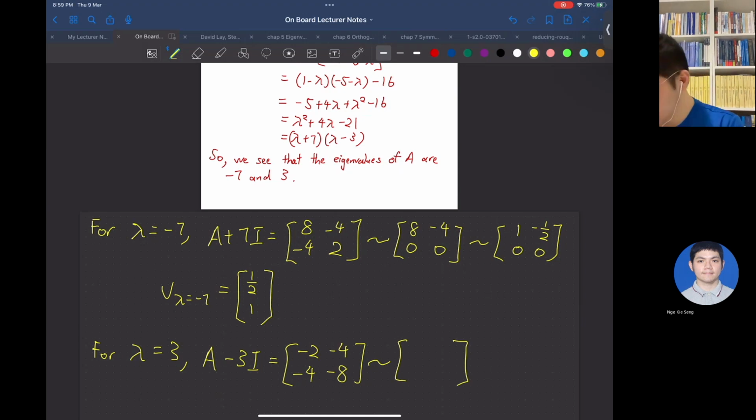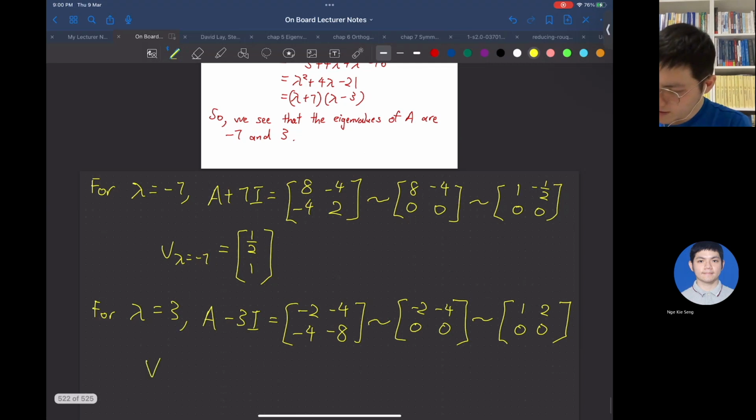So after row reducing, we will get minus 2, minus 4 on the first row, and then we will get 1 and 2 on the first row. In that case, our eigenvector will be minus 2 and 1.